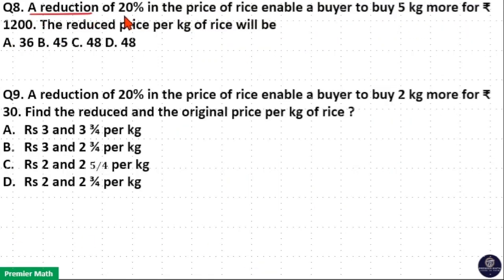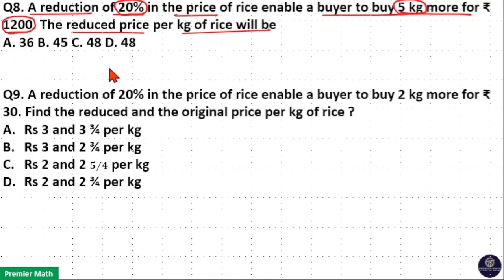A reduction of 20% in the price of rice enables a buyer to buy 5 kg more for rupees 1200. The reduced price per kilogram of rice will be. Here you can see this extra 5 kg is because of the 20% discount in the price, and this extra 5 kg is also based on this 1200 rupees.